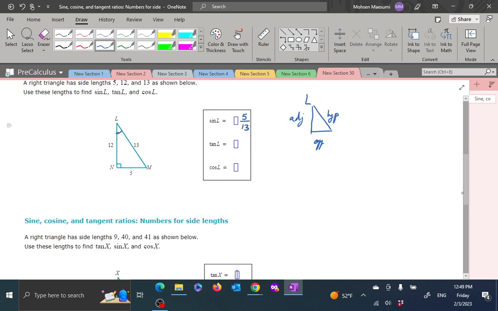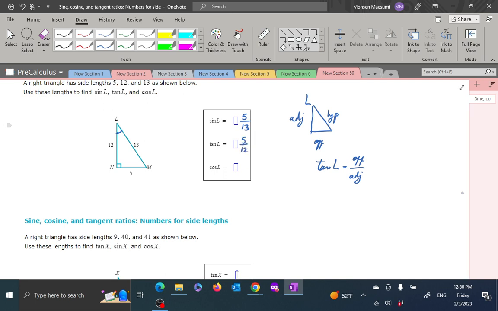When you come across the question of what is tangent of L, literally write this out: it is equal to opposite over adjacent. Just go look it up again. Opposite is 5, adjacent is 12.